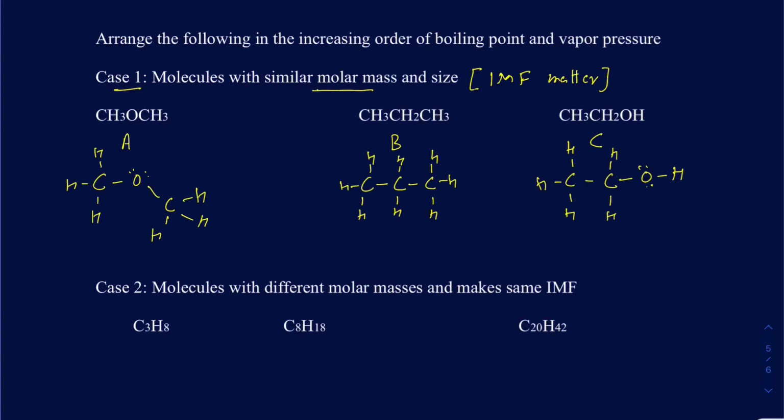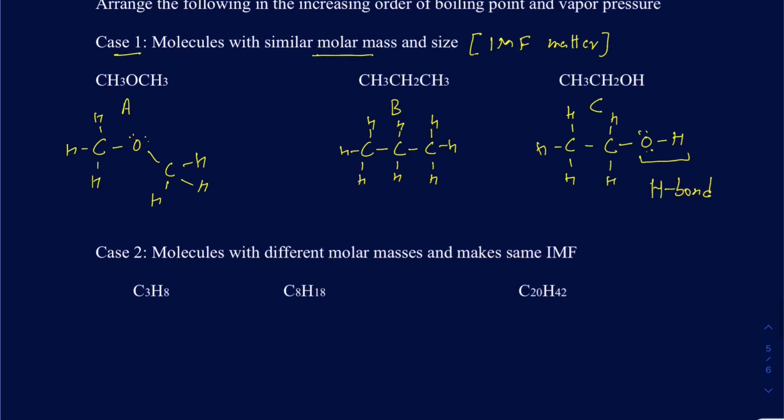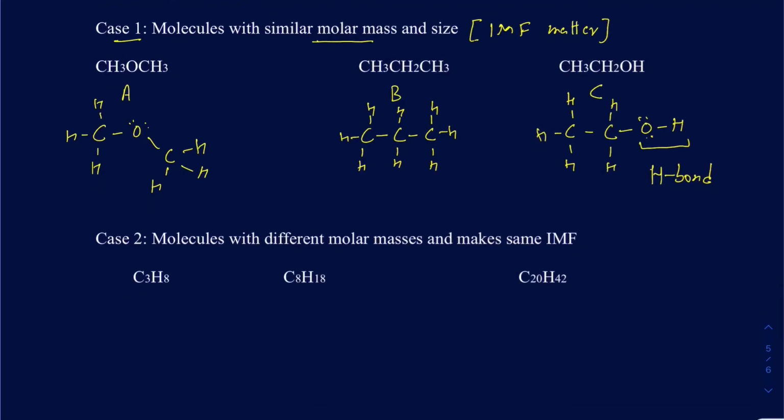So remember, when you're trying to figure out the different types of intermolecular forces, always look for the hydrogen bond, because those are usually the easiest to recognize. You must have an oxygen, a nitrogen, or a fluorine directly bonded with the hydrogen. And if that's the case, you would be able to make a hydrogen bond. So this is capable of making hydrogen bonds. The first one is capable of making only dipole-dipole, because this is going to be polar because of the presence of the oxygen there.